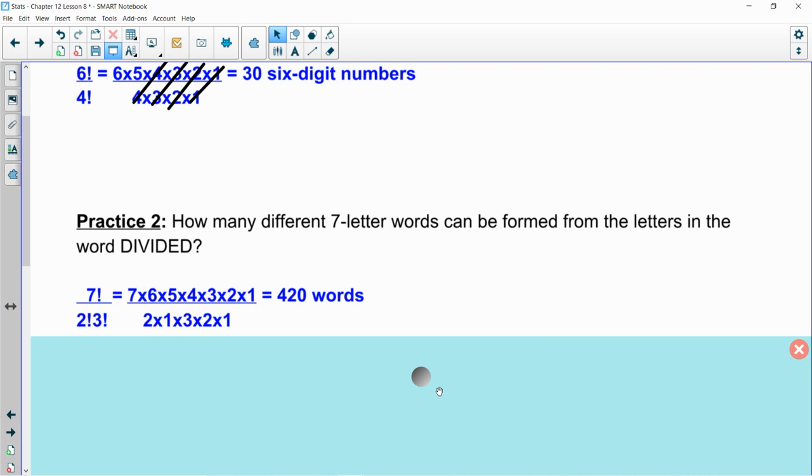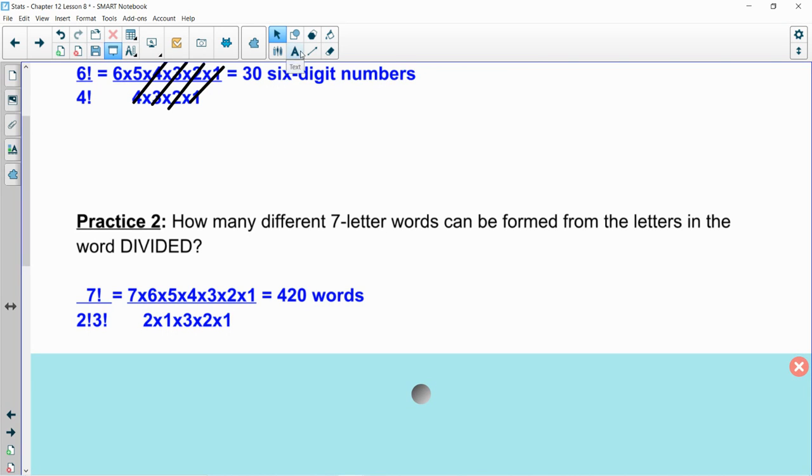So 7 factorial, and this is why I strongly suggest, let me write it out for you here. Alpha, y equals, and enter.